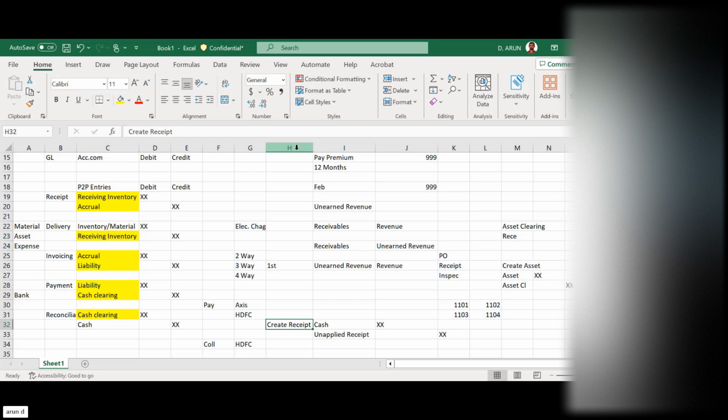We have invoiced the customer, and the customer is going to pay on the due date, which we get notified of from the bank statement, and on that basis we create the receipt. In most cases we will know which customer we have received from. In an odd scenario, let's say I don't know the customer, so I might want to inquire with my front office team and then book these transactions. In this case, my cash will be debited and my unapplied receipt will be credited because I don't know against which customer I want to apply this transaction.